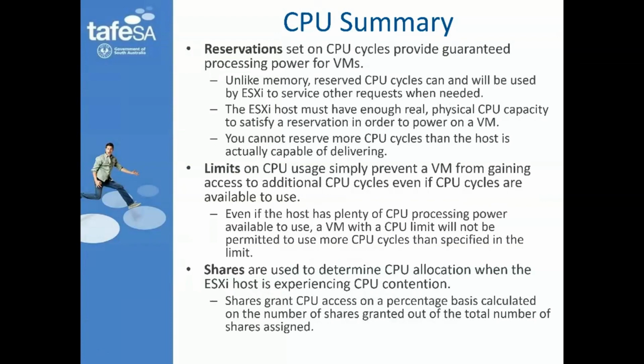You cannot reserve more CPU cycles than the host actually has. Limits on CPU usage simply prevent VMs from gaining access to additional CPU cycles, even if there are plenty. Shares are a priority only when there's competition. Okay.